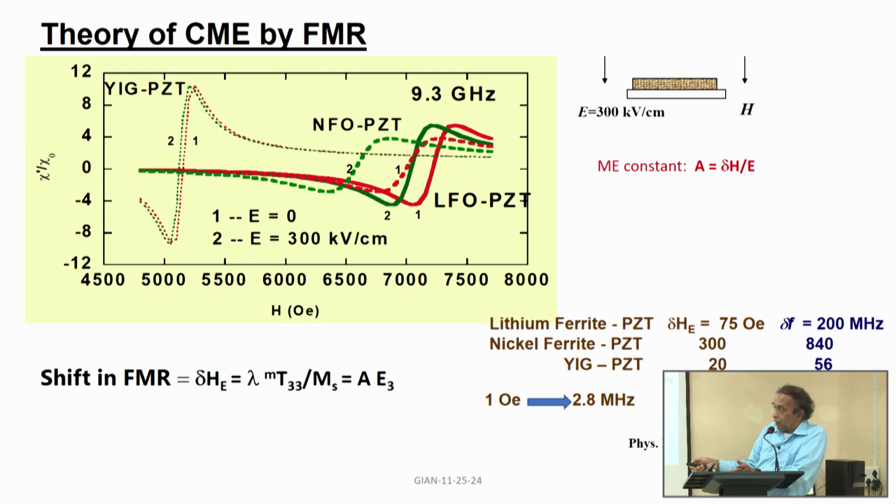And if you do the theory, it is proportional to the product of the magnetostriction multiplied by the stress parameter T33, and it is inversely proportional to the magnetization for the ferromagnet. So the ratio of the shift in the resonance field to the applied electric field, that is the converse magnetoelectric coefficient.